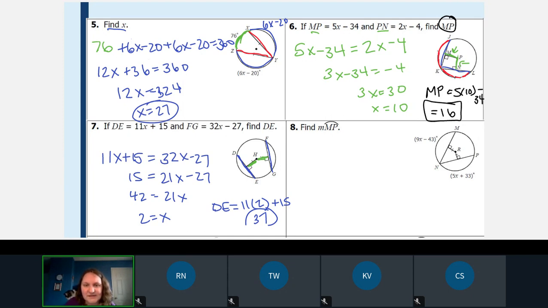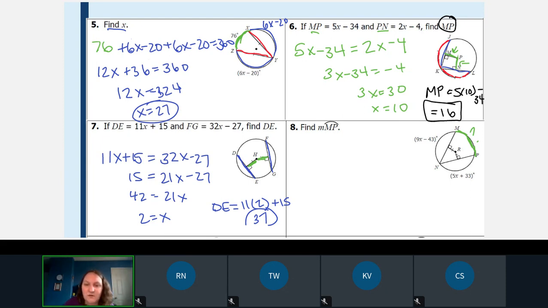All right, let's do number 8. Yeah, Katie, you got it. You're right. So MP is what we're looking for. But MP doesn't even have an expression. So let's figure out at least how to find X. So if you're ever not sure how to solve a question, but there's a bunch of expressions there with X, find X and then see if you can use that to find whatever they're asking for.